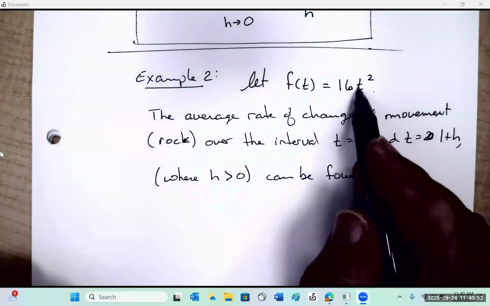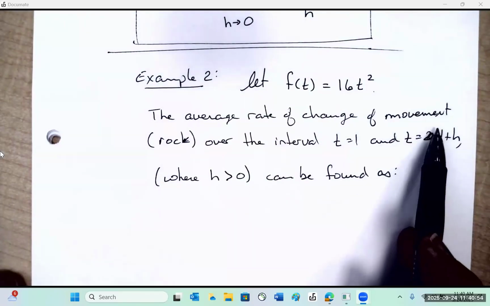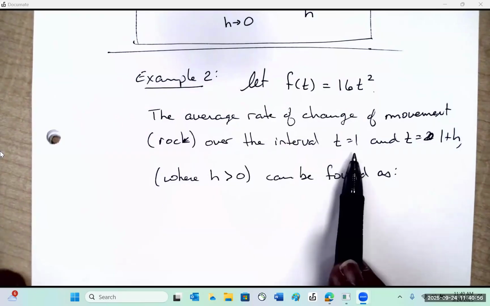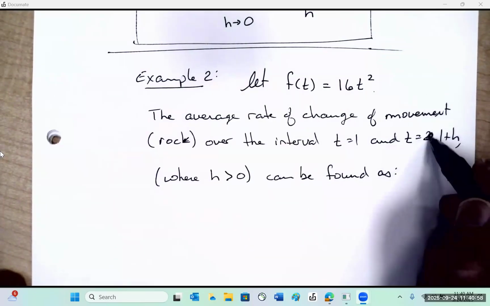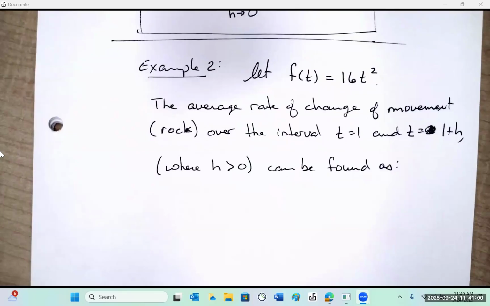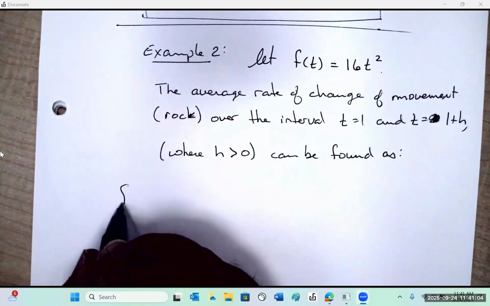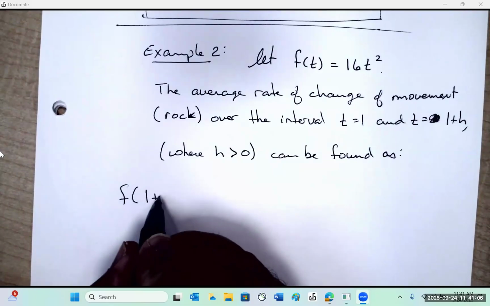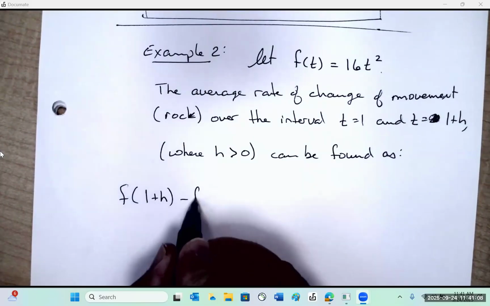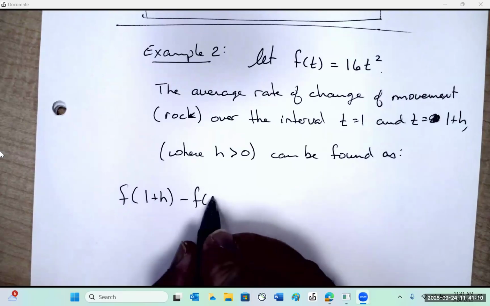So if we let this function be that, the average rate of change of the movement of a rock over the intervals t1 and t1 plus h can be found by the difference quotient.